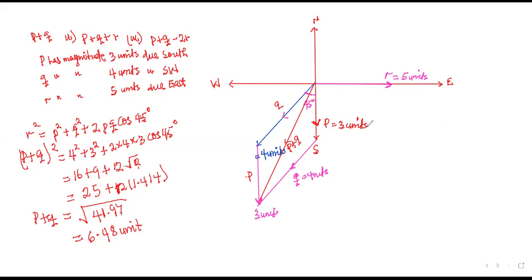So the components of P are 0 and negative 3. Then let's resolve Q into components. It makes an angle of 45 with both the x and the y axes. So the components of Q.